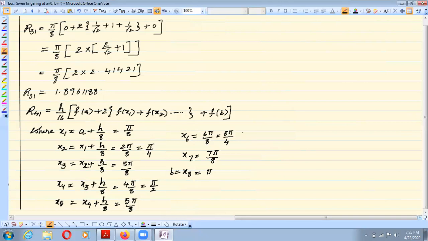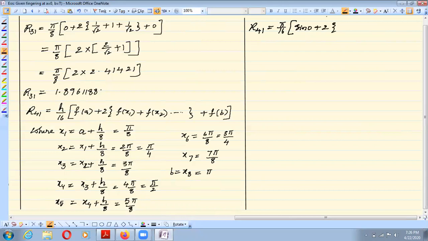Now we can substitute these values. We will get R41 equal to h by 16, 5 by 16 into f of a, sine 0, plus 2 into sine 5 by 8, plus sine 5 by 4, plus sine 3 pi by 8, up to and so on, we can write finally x7, that means sine 7 pi by 8, plus finally sine pi, which is the value.